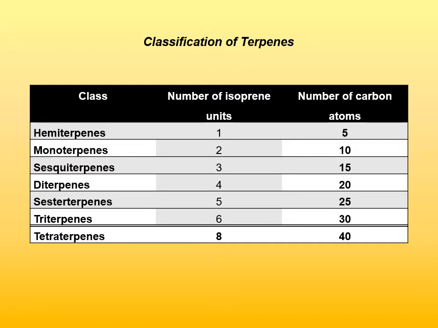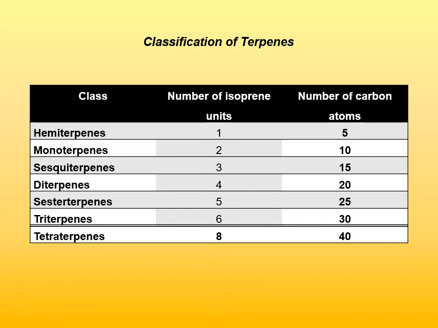They are composed of 5 isoprene units or 25 carbon atoms. Sester means 2.5. Triterpenes, 6 isoprene units or 30 carbon atoms. And finally, we have one somewhat different class of terpenes, the tetraterpenes. Tetraterpenes have 8 isoprene units and 40 carbon atoms.